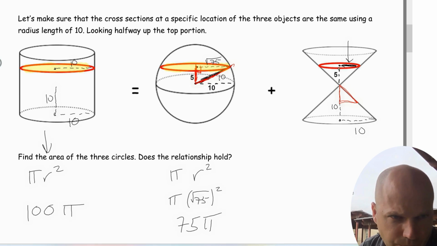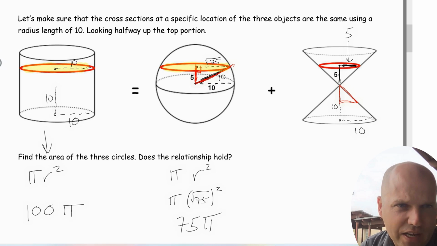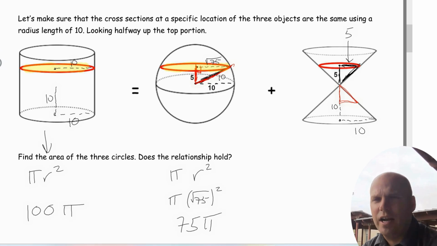Cool. Well, if this is a 10 by 10, this triangle is similar. That means the side lengths are going to be proportional, which means we don't really know the hypotenuse and we don't need to know the hypotenuse. We can't say that it's 10. We can't say this is 75. Rather, we know that if we have a triangle that's a 10 by 10, this triangle has to be a 5 by 5 right triangle.